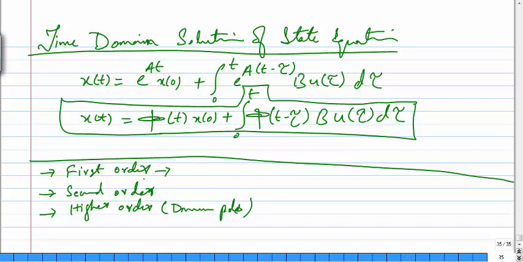For first order we basically discussed time constant, rise time, and the steady state. Here we discuss overshoot, rise time, settling time, peak time, these things in the second order system.